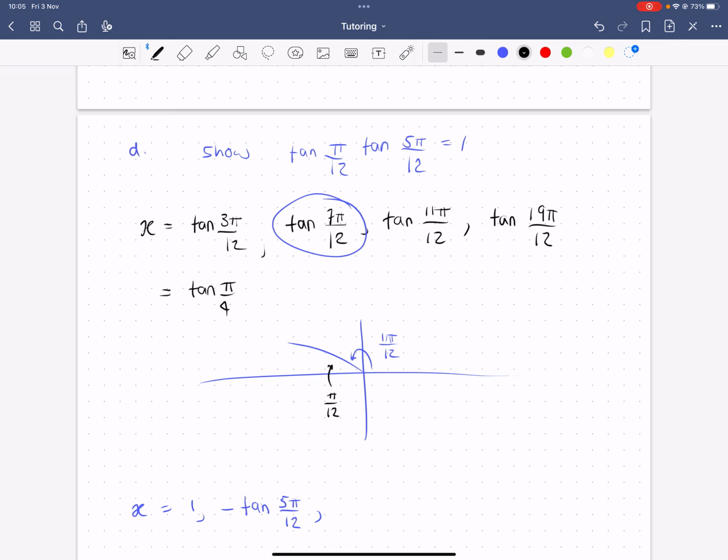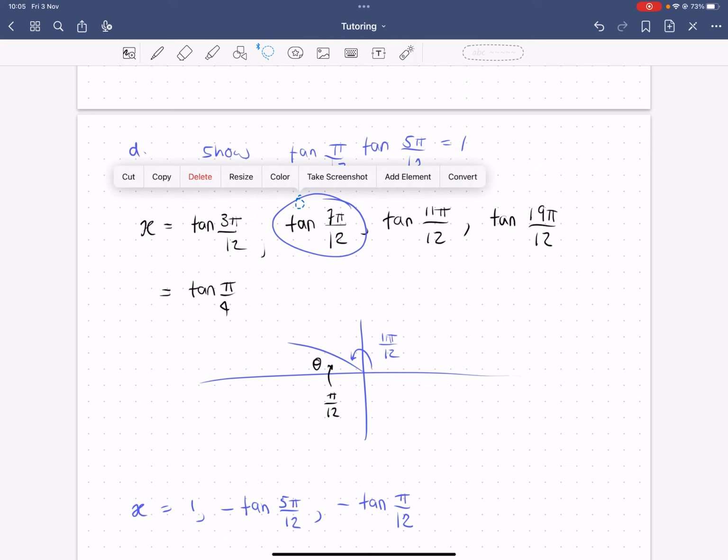So for 11 pi on 12, we get that acute angle is pi on 12, and that's because pi minus 11 pi on 12 is 1 on 12, or pi on 12. So we've got our second solution is tan of pi on 12. But again, we're now in the second quadrant, so that makes tan of minus pi on 12.